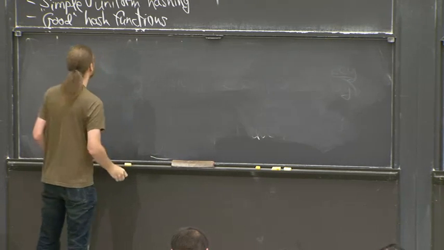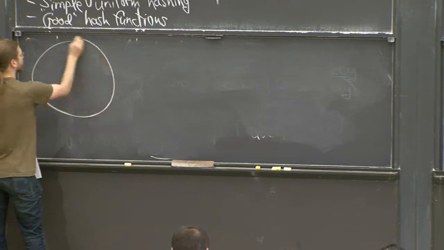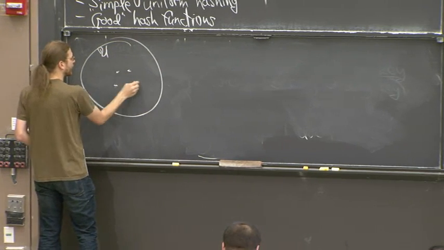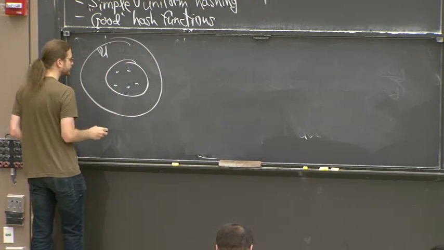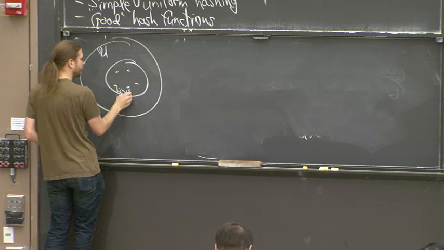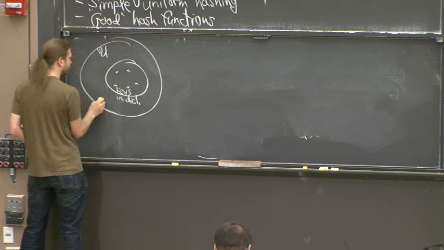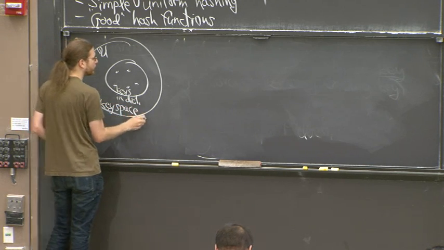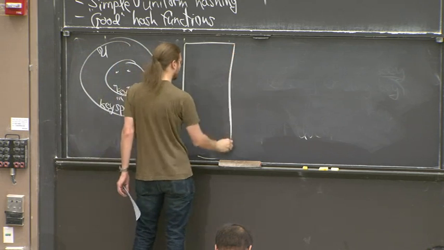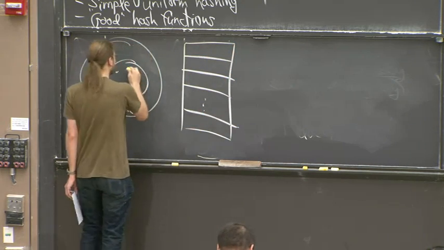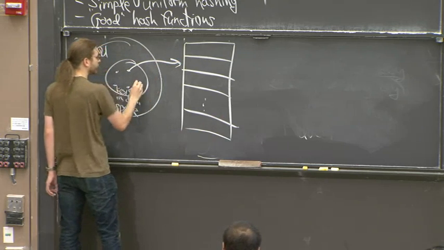So we have our nice universe, various keys that we actually have present. These are the keys in the dictionary, and this is all of key space. These guys map to slots in the table.